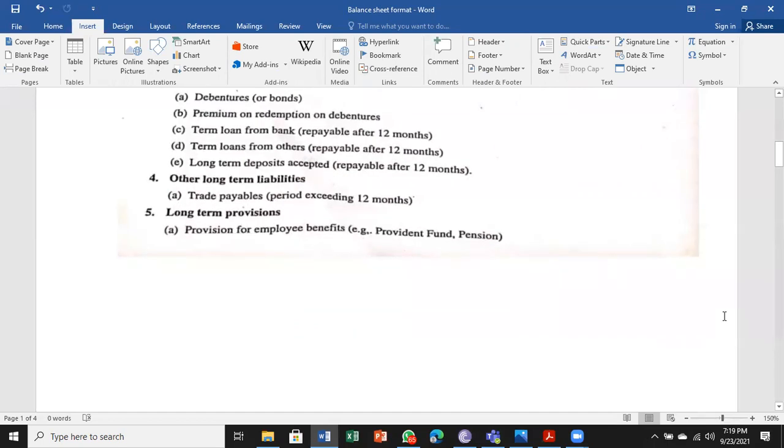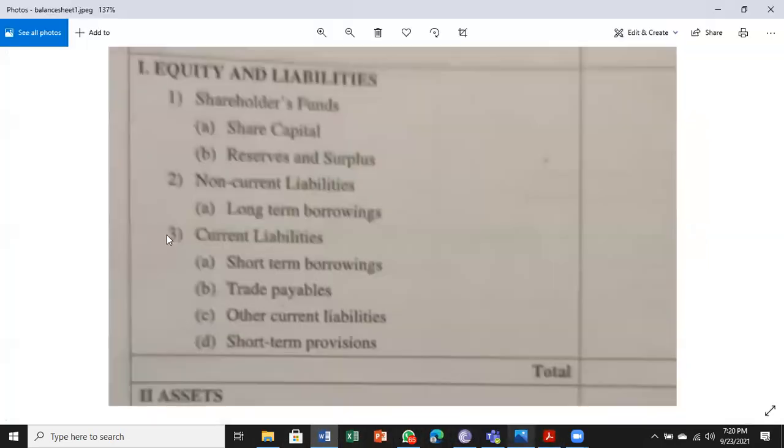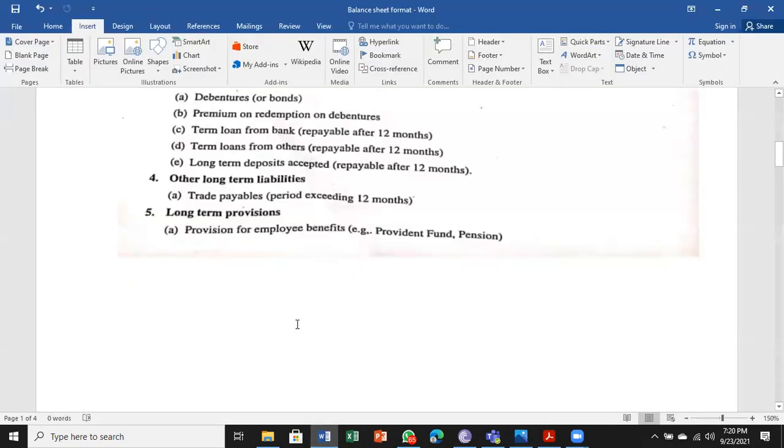Then other long-term liabilities. Please remember, you have only one long-term borrowing, but the heading here is other long-term liabilities, just for your understanding. That is money payable to creditors, bills payable.